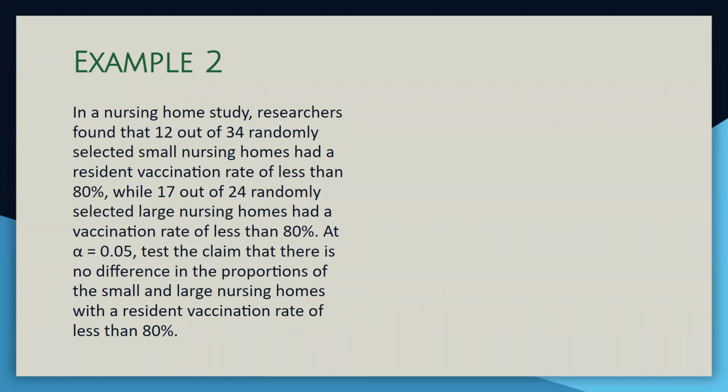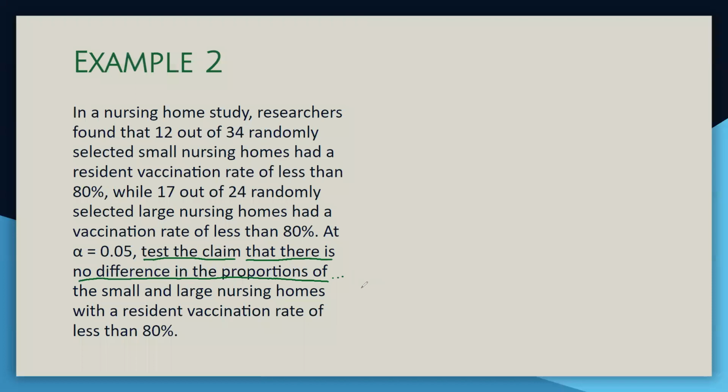So a lot of information thrown at us. Again, they weren't nice enough to give us a table. I'm going to focus on that very last sentence first, usually what we're being asked to do. It says test the claim. Know that it is a hypothesis test. And then the claim says that there is no difference in the proportions of blah, blah, blah.